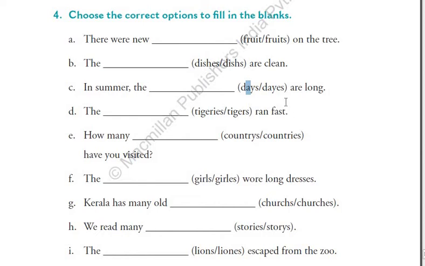Again, A is a vowel, correct? A-E-I-O-U. So this is the correct option. If you have selected first option, you are very much right. Congratulations. So the sentence will be like, in the summer, days are long. The days are long in the summer, correct?